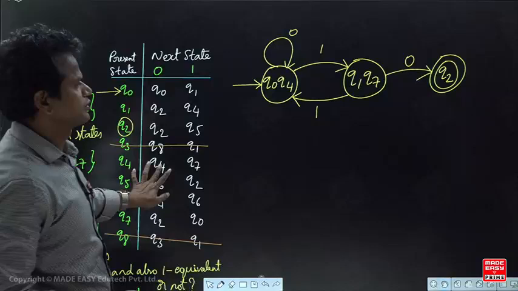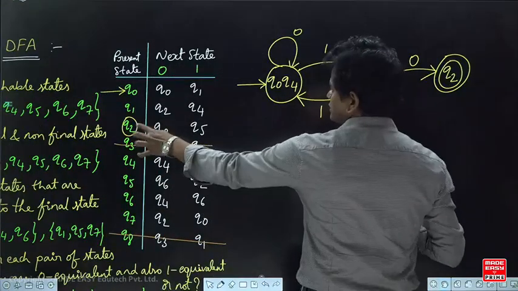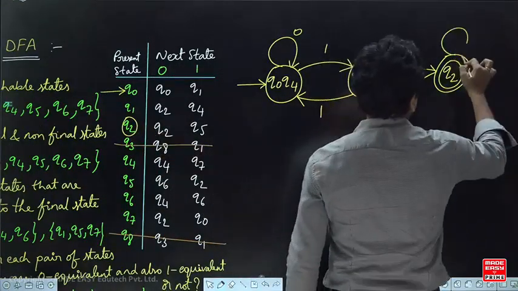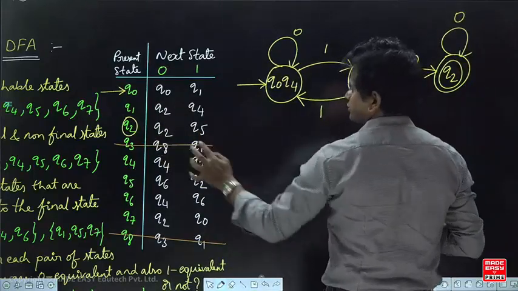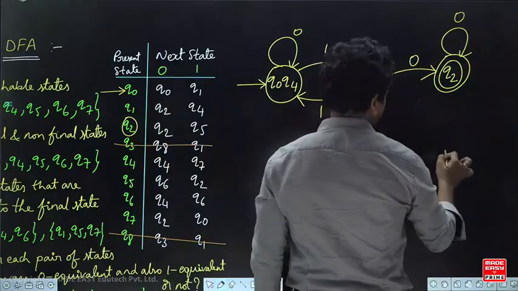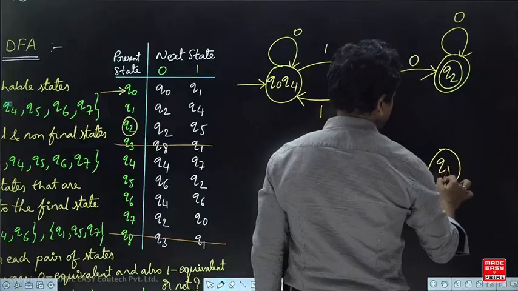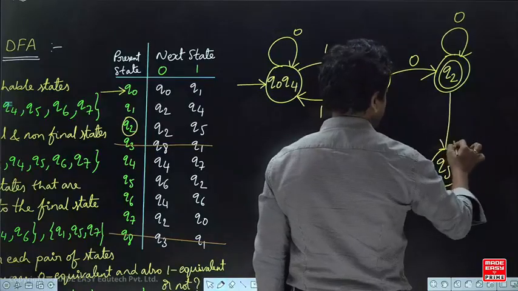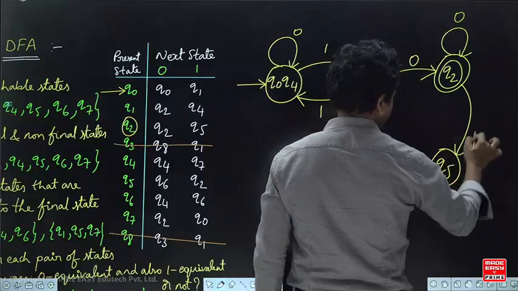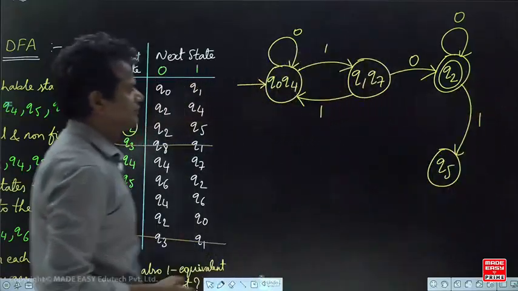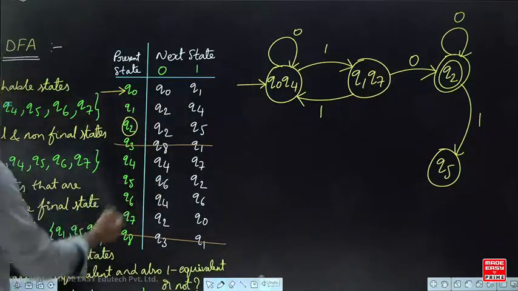Done. Now come to Q2. Q2 on 0, Q2, itself. Q2 on 1, Q5. Q5 is a single state. Now Q5 on 0, Q6.